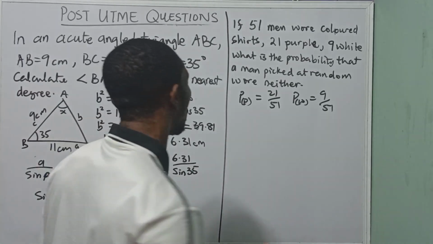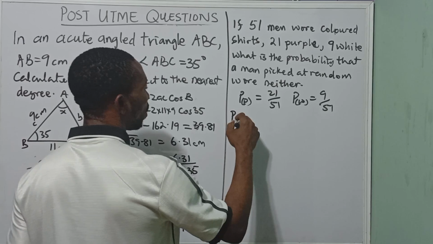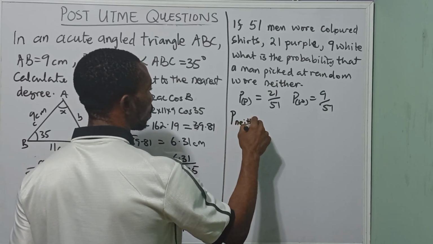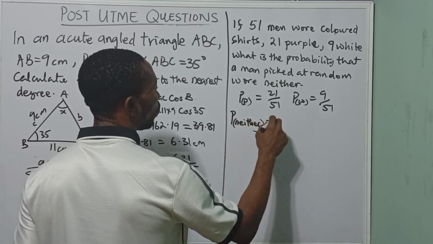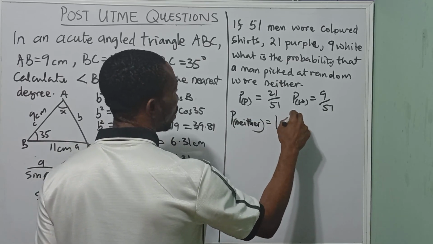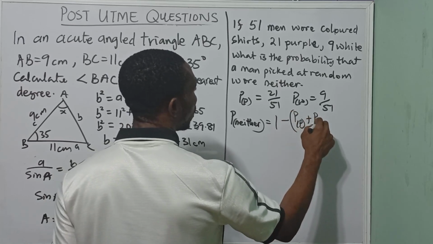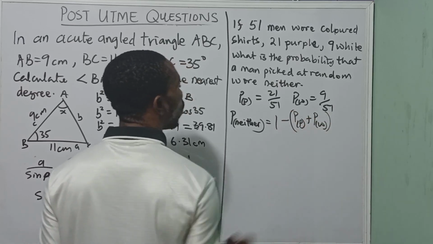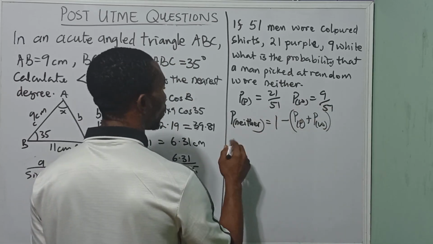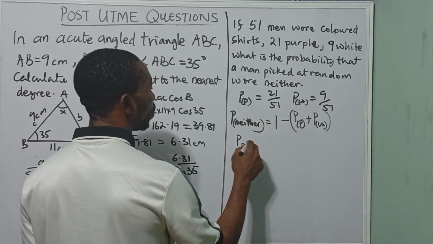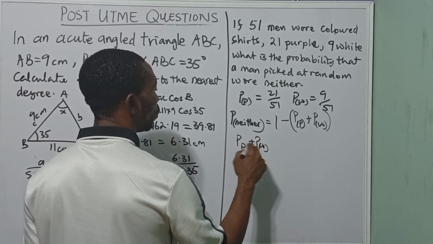So our probability of neither would be 1 minus probability of purple plus probability of white. Let's find out what probability of purple plus probability of white would be.